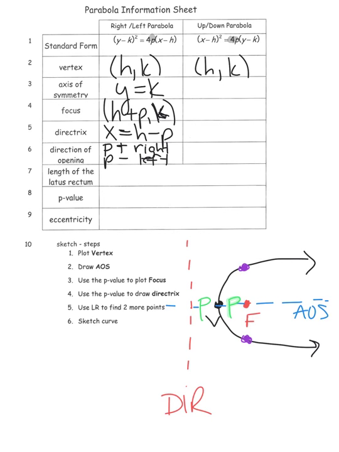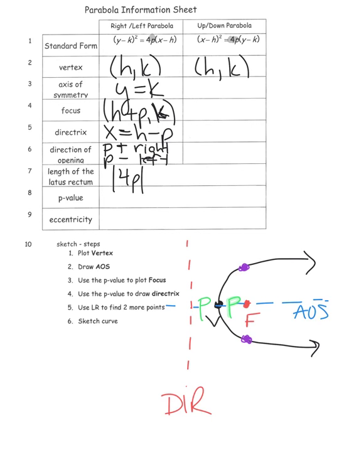The length of the latus rectum, if you look, I have 2 purple points, and those purple points would cross right through the focus, and that entire length from purple point to purple point is equivalent to the absolute value of 4p, and that comes right from the equation. 4p, whatever it is, the absolute value of it, that's how long that is. And it would split directly in half. So if that length was 12, you would have 6 on one side and 6 on the other.